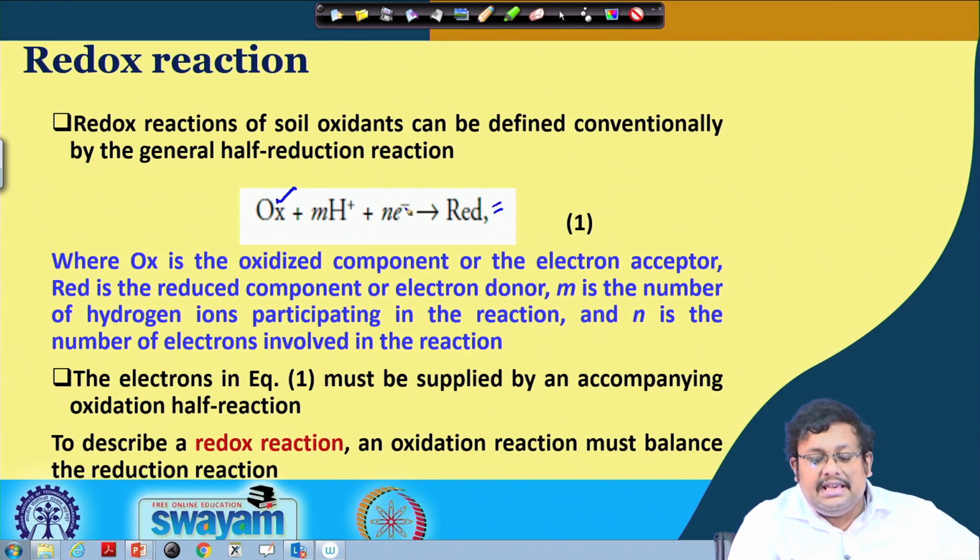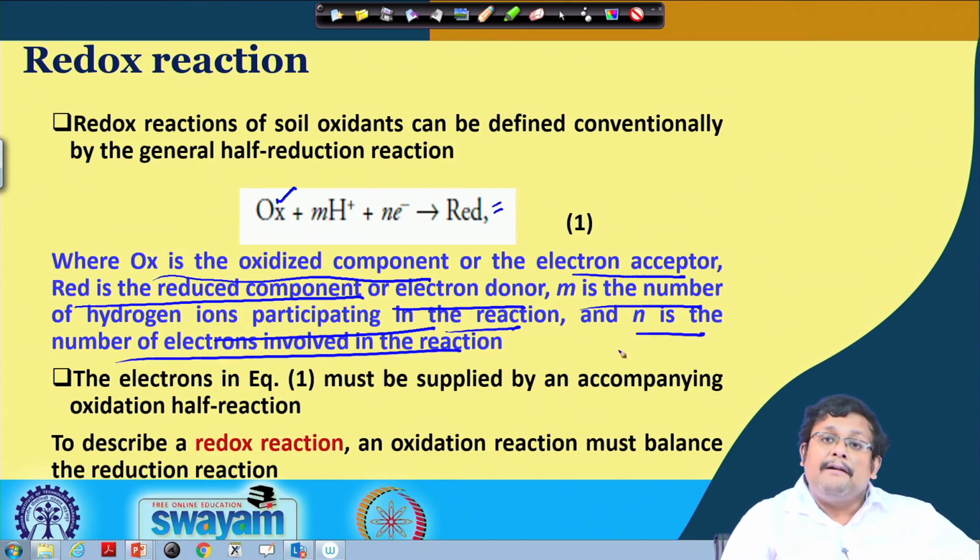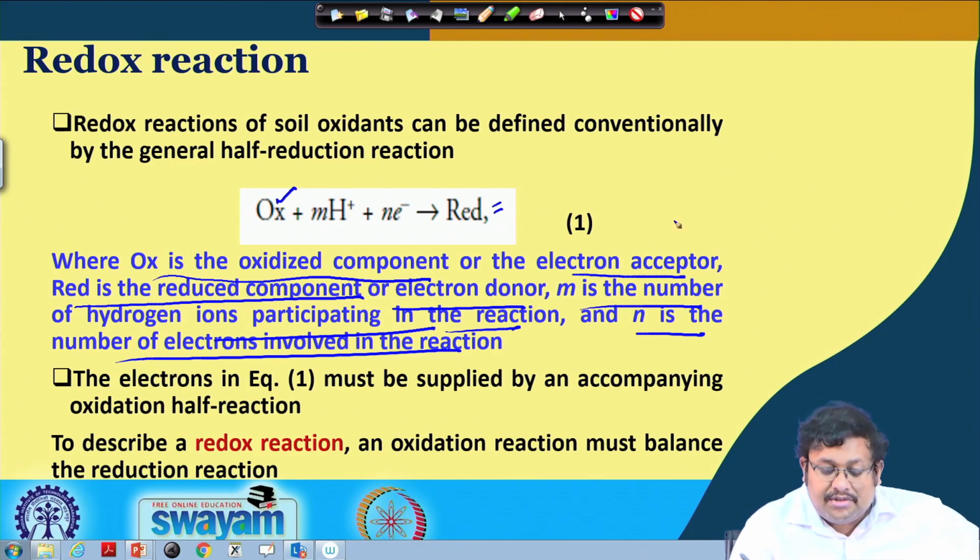So, you can see here, in this, OX is the oxidized component or the electron acceptor, Red is the reduced component or electron donor, m is the number of hydrogen ions participating in the reaction, and n is the number of electrons involved in the reaction. Okay. So, the reduction half reaction for any redox reaction can be expressed in terms of this equation 1.